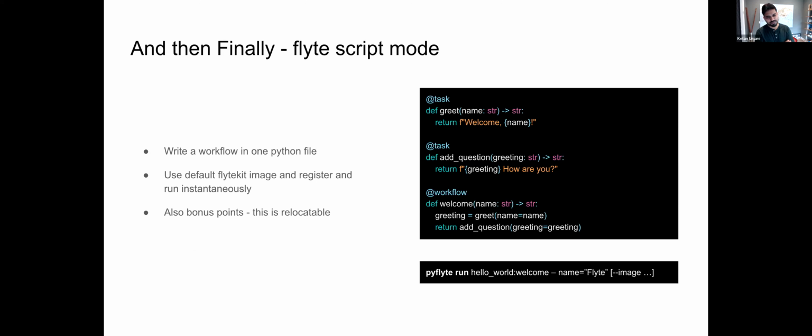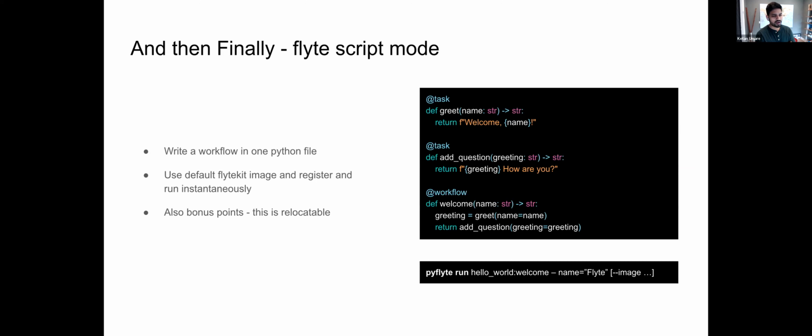So we started with: what's the best way to get started for specific, simple Python workflows? We are working on a thing called PyFlyte run, and you can just give it the name of the file with the name of the workflow to run, and boom, it's running. It will always start with a default FlyteKit image, and it will use fast register to instantaneously run things.